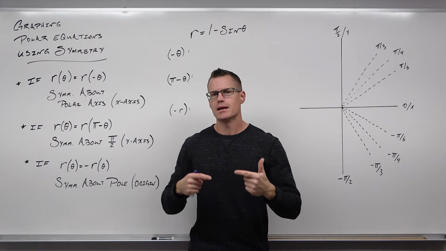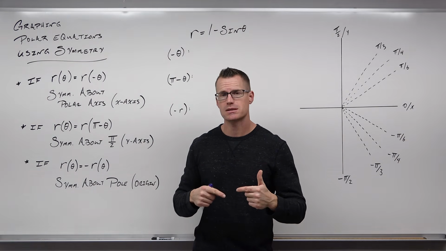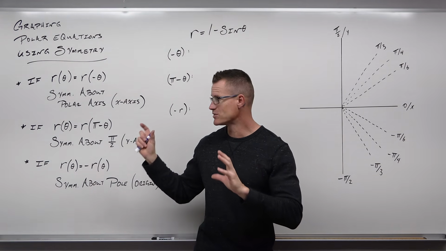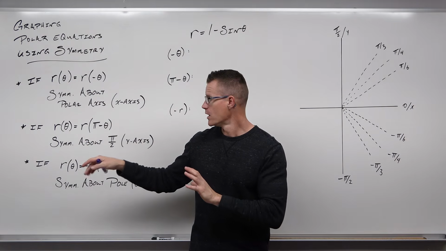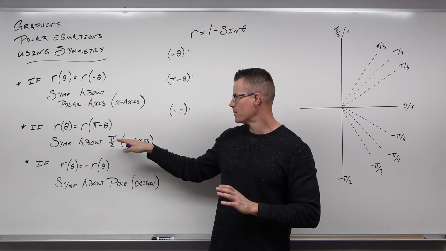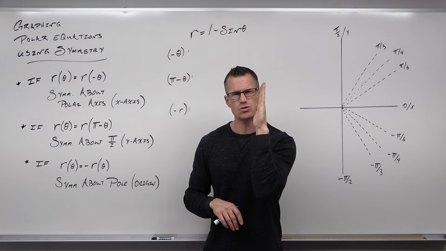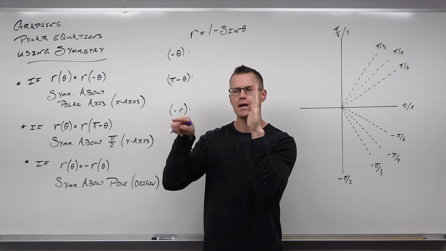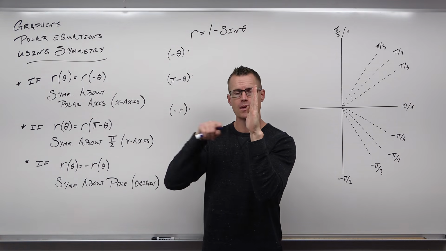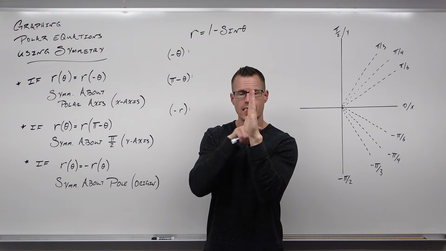If you plug in pi minus theta into your equation and it gives you the same exact thing as you started with, you're going to have symmetry about pi over 2. Now, hopefully that makes sense. Here's pi over 2, like this y-axis. Pi is 180 degrees. 0 is over here, your polar axis.